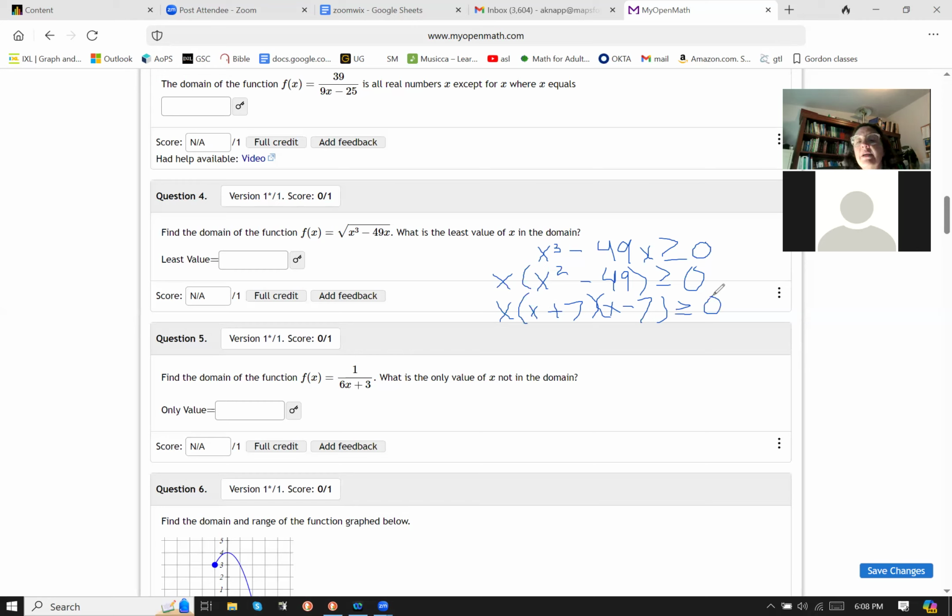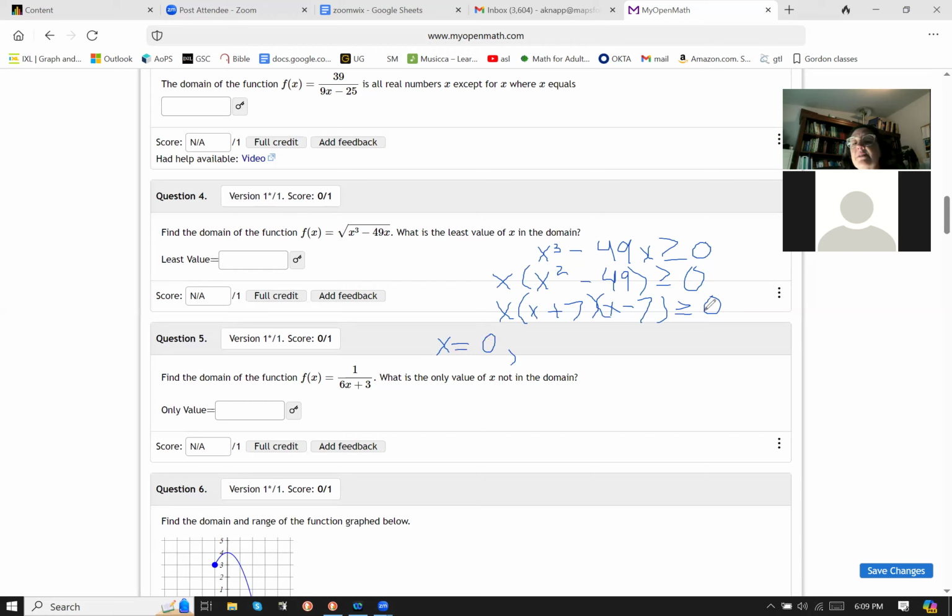Now, when you're solving an inequality problem, first pretend like it's equal to. So we would set each factor equal to 0 and make sure you do have 0 alone on one side. So we have x is equal to 0.